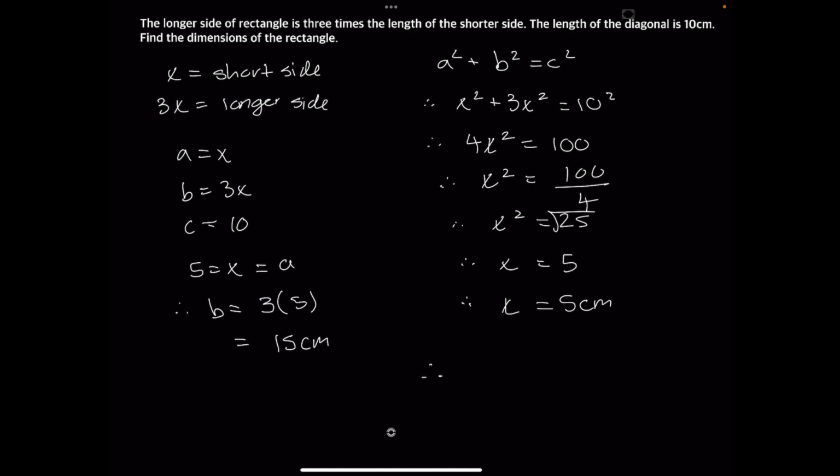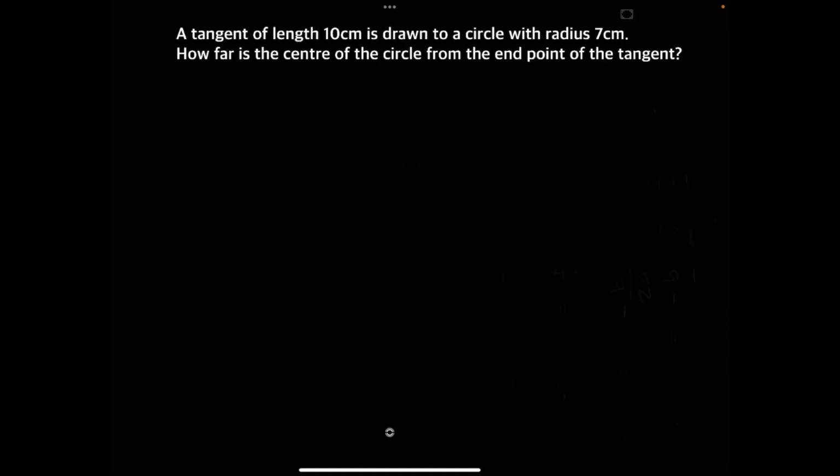So the answer is the length, the longer length, is 15 centimeters. The shorter length, we'll just say the width, is 5 centimeters. And the diagonal is 10 centimeters.